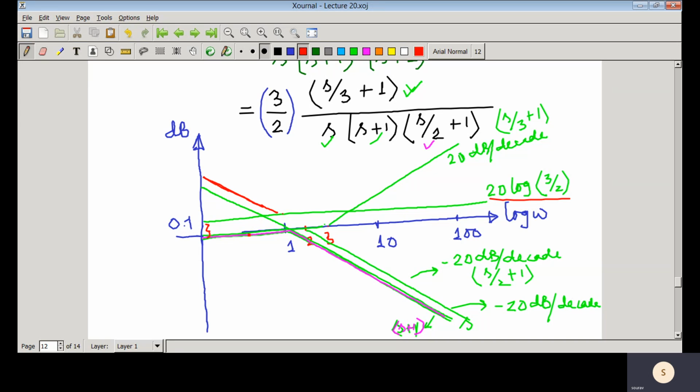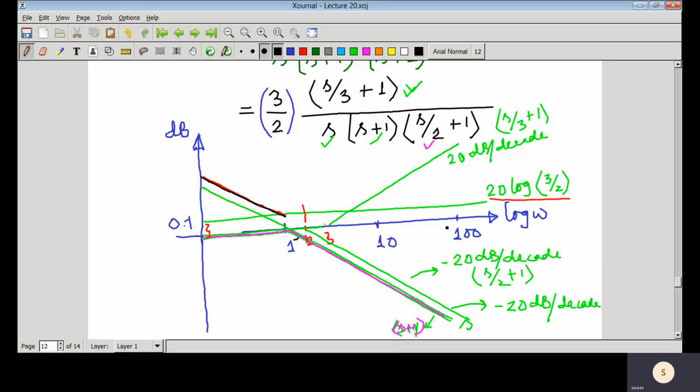So then we can see that here, if we use the black, it comes here. Then here you have two slopes, that is -20 and -20, so -40 dB.